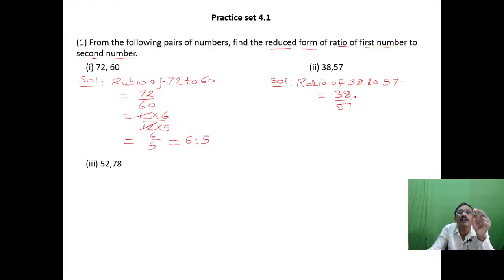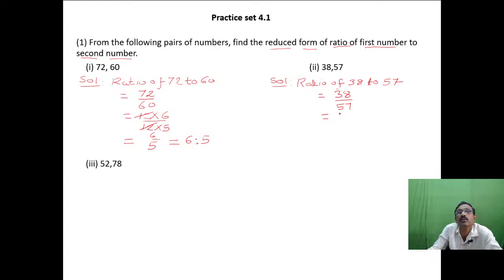Now 38 is in the numerator, 57 is in the denominator. Now if you want to find the factors, we have to choose a number in the table such that the number goes in the numerator as well as the denominator. So let us choose one table here. Which table do we feel it will go?